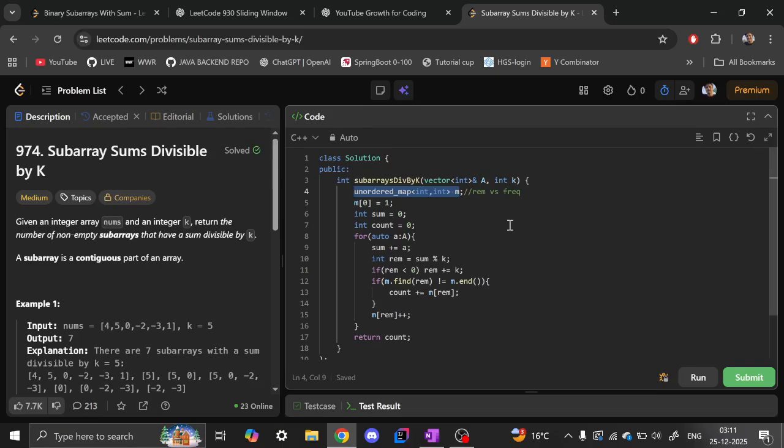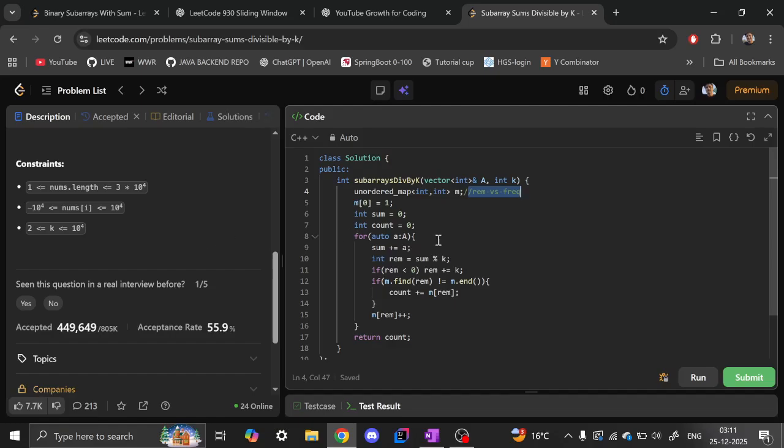But when it comes to what we are actually storing in our map, what we are storing is the remainder versus frequency pairing. In the worst case, we can have all unique remainders, and since k is pretty large, in the worst case it's of order 10 to the power 4.